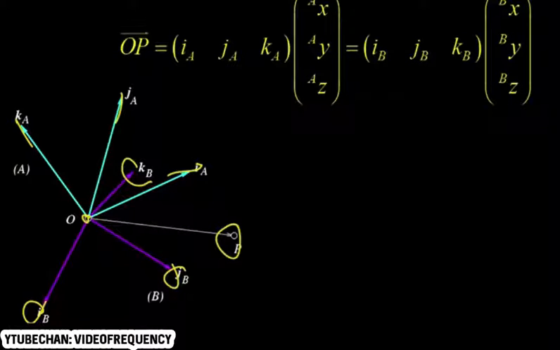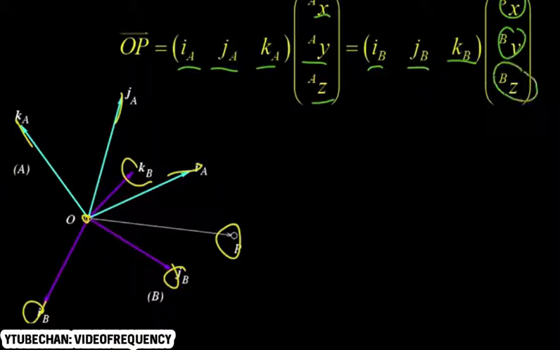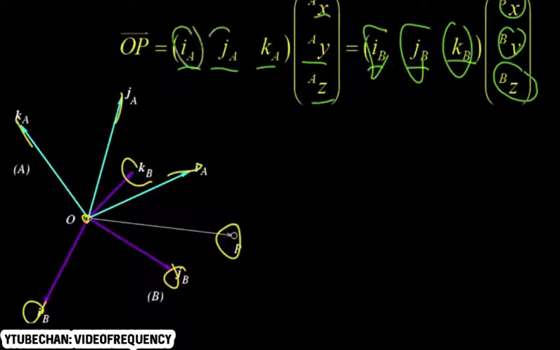It could be expressed as some components in the A frame times the x, y, z components, or some components in the B frame with the components in the x, y, and z frame, right? They're the same vector, right? And what's key is understanding that there are these basis vectors, and we need to know the amount of component that multiplies each of them.